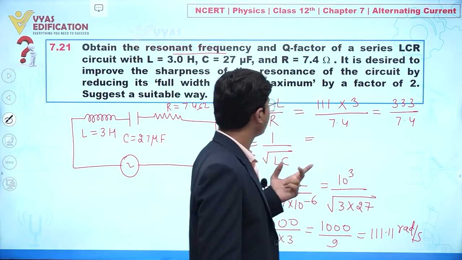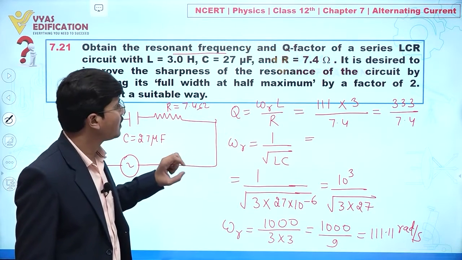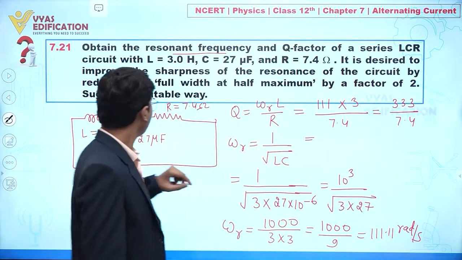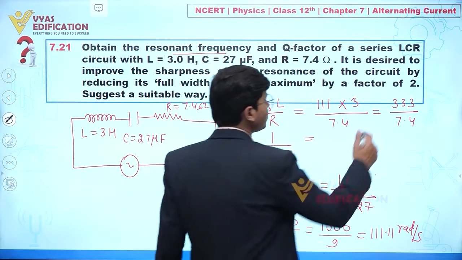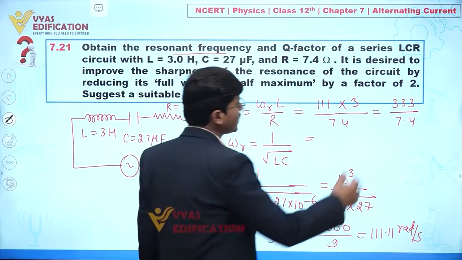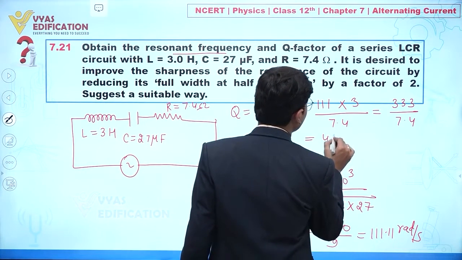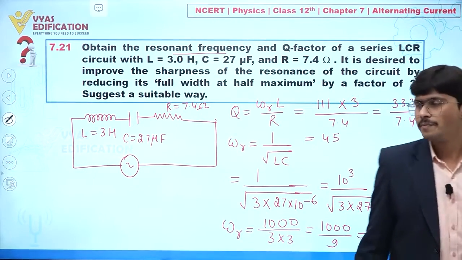Omega r L by R, clear? The value of R is given as 7.4. So near about we are getting this value 45, clear?